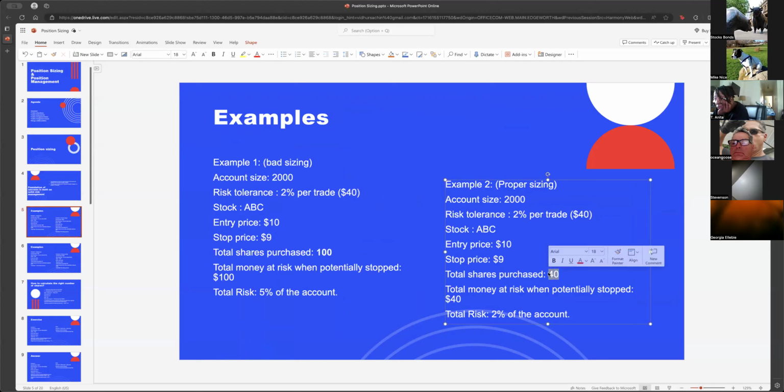Total shares, 40. This is the maximum amount of shares you're allowed to purchase in order to stay within your risk tolerance of $40. So this is as easy as it gets. This is how you calculate your proper sizing. So 2% of your account divided by your risk. Risk is calculated by subtracting your stop price from the entry price.